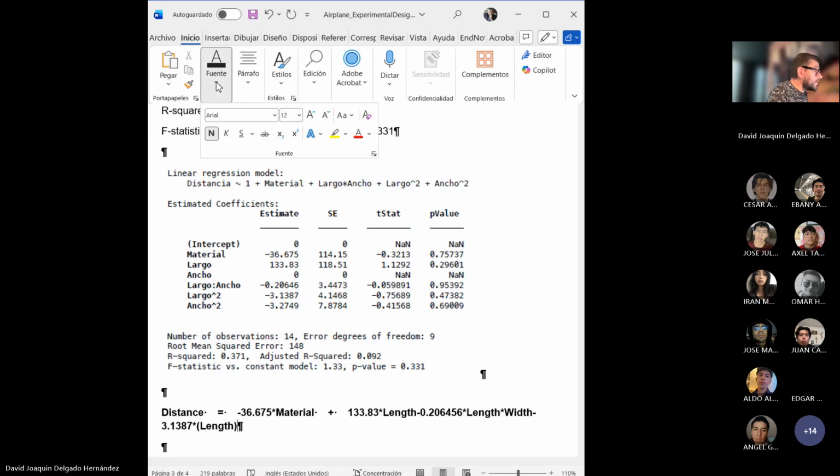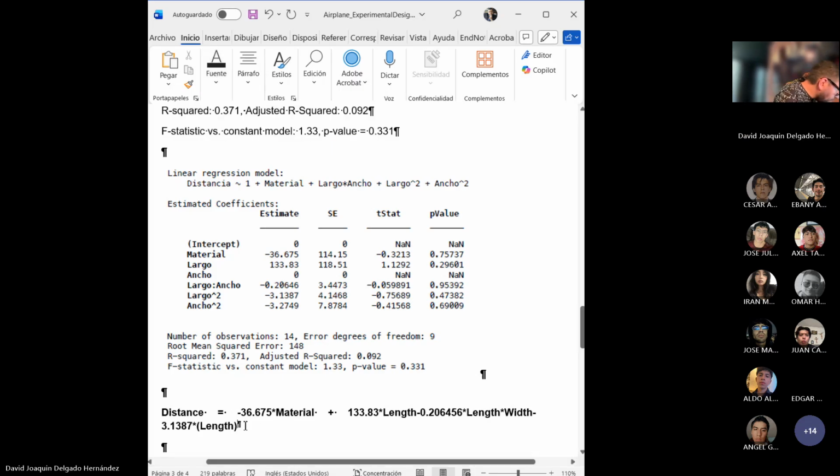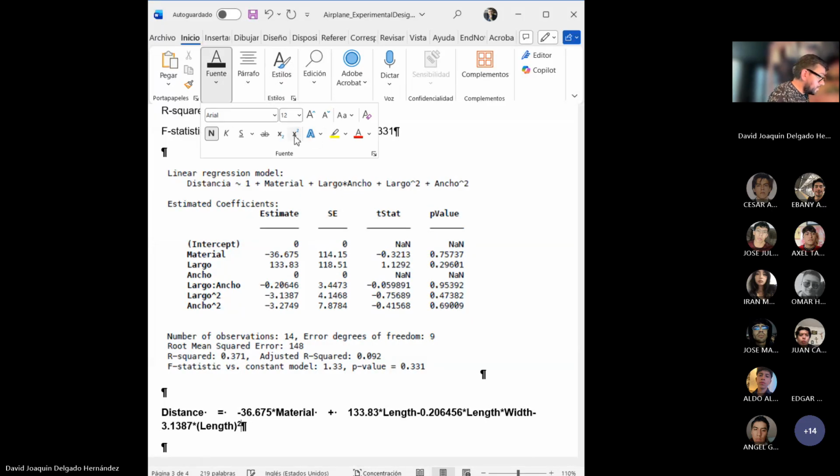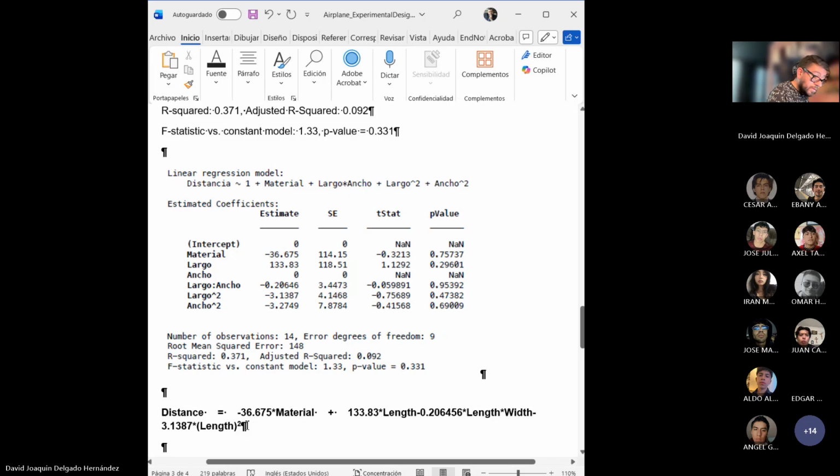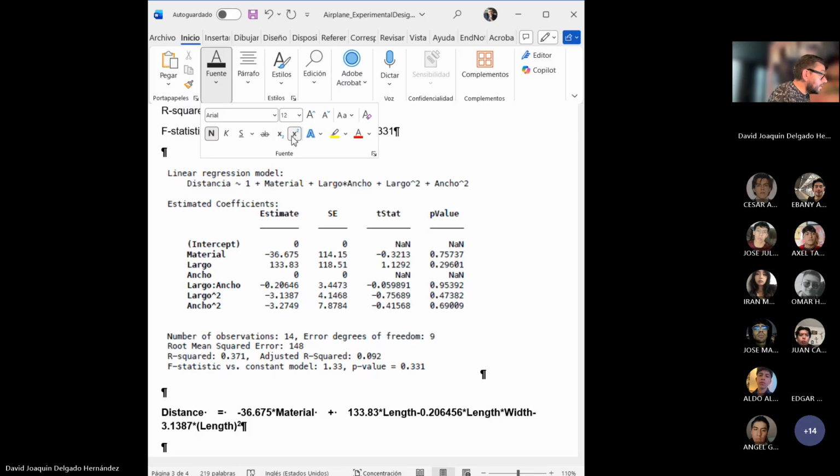Then we have to consider minus 3.2749. Let me get rid of this.